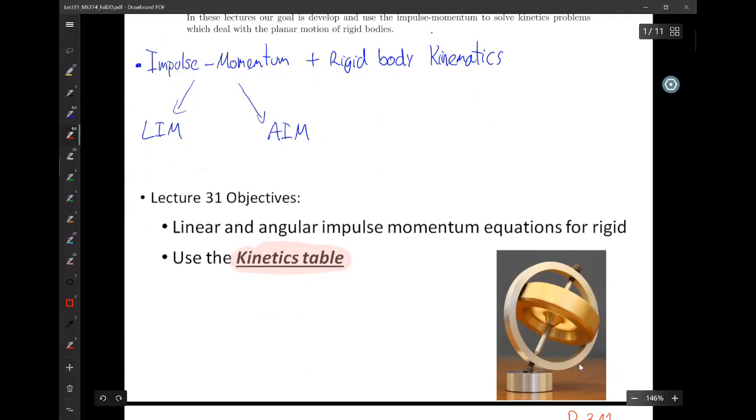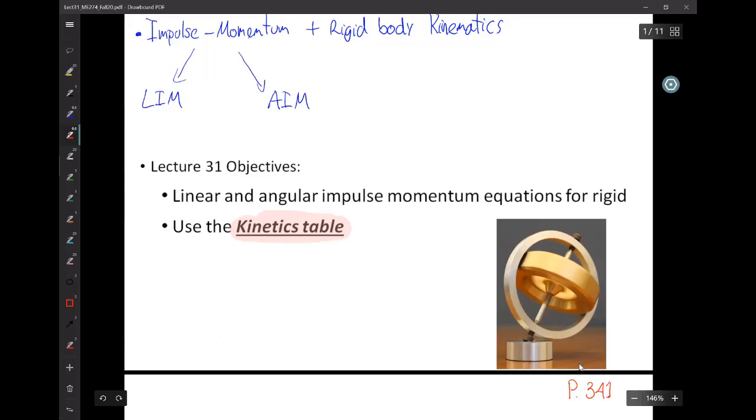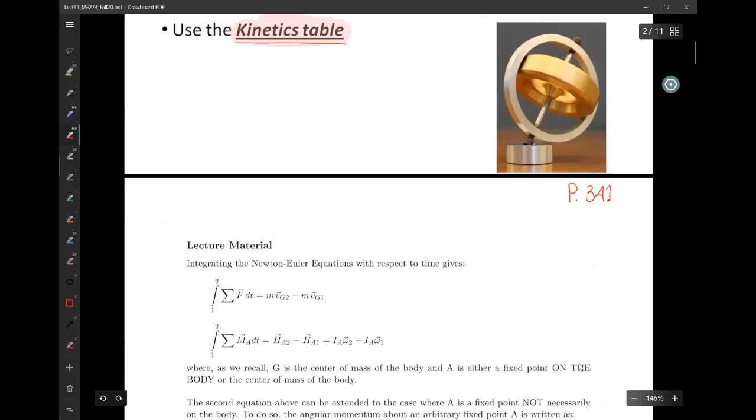And those are the objectives of this lecture, to introduce these two concepts for rigid bodies. And if I have time, I'm going to show a little bit more on how to use this kinetics table and how it can help in your study.